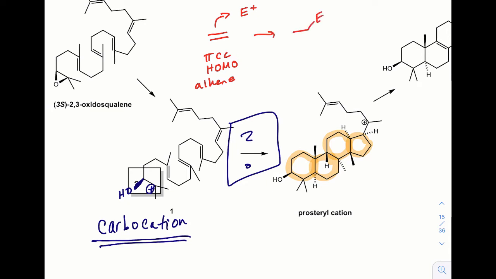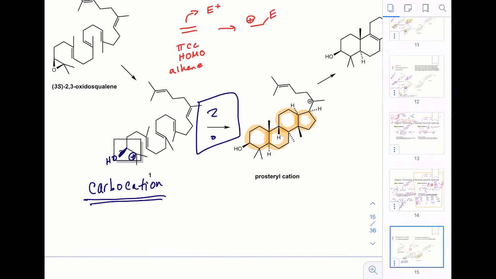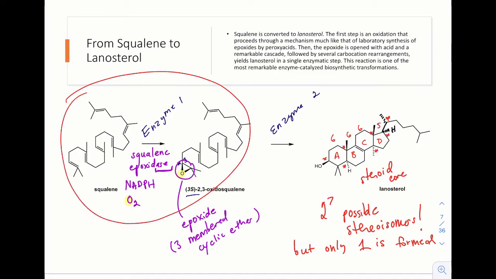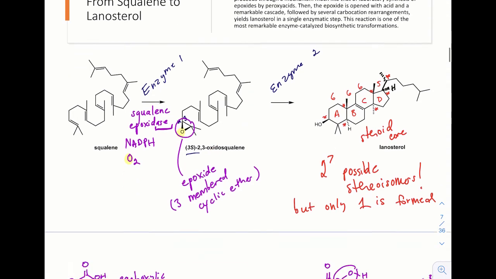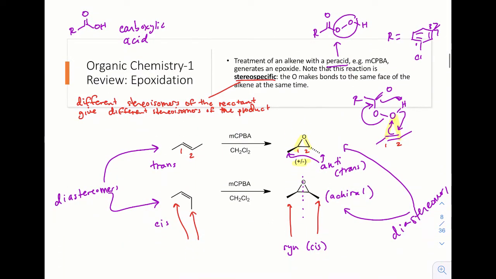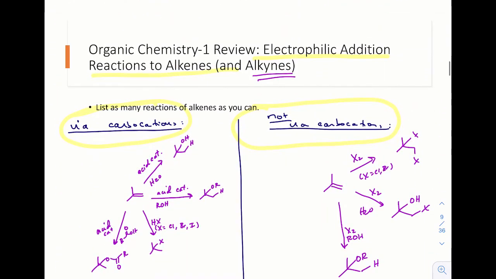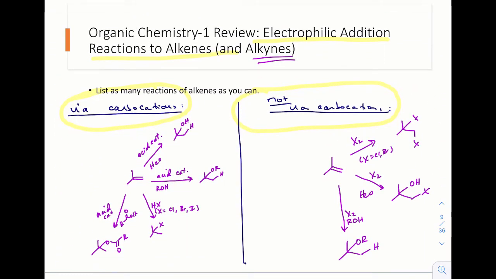We talked about it earlier, right? We talked about it earlier with epoxidations. The epoxidation of squalene was an example of an electrophilic addition. And we reviewed epoxidations, and we said we need to review all the electrophilic additions that we learned in Organic Chemistry 1, and we started to make a list, and you'll finish that review on your own.